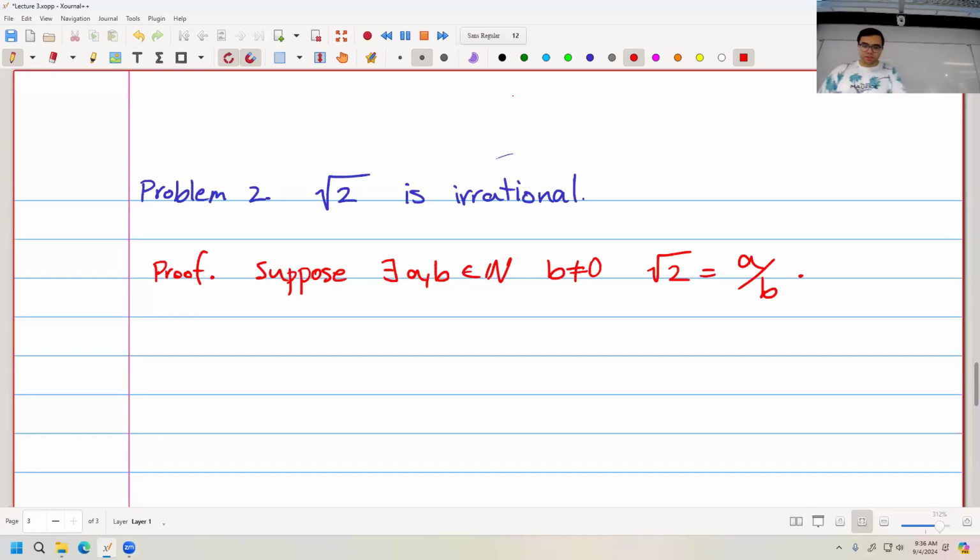So what can I do with this information? I know that square root of 2 is a over b. So I can just square both sides. So I'll get that 2 is a squared over b squared.